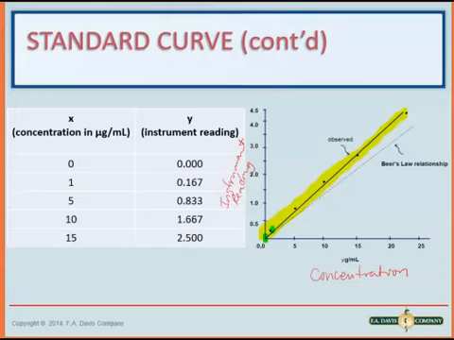And the next one is at 5 concentration and 0.833, and so on along your standard curve or your observed line. So you've made a pattern to establish a line. So this line or standard curve does not follow Beer's law. You can see Beer's law down below, so it's not following that pattern.